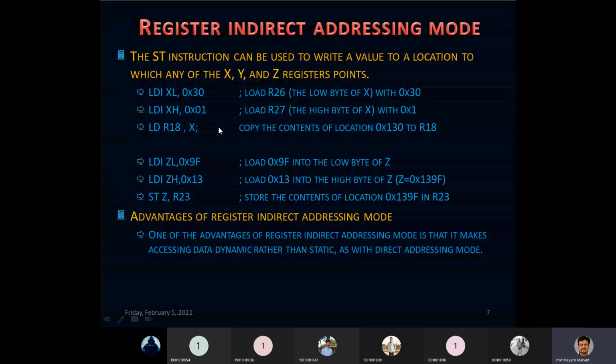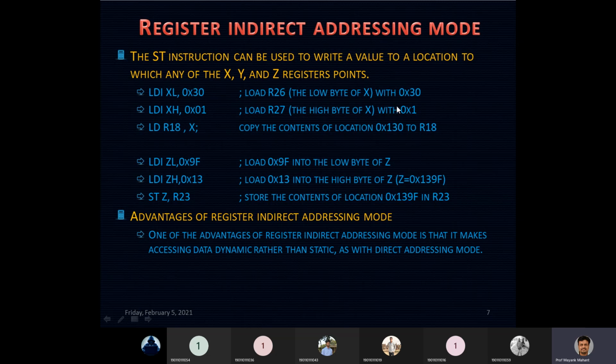This is an example of how we can use this pointer. We can use LDI XL, or you can use LDI R26 also, because R26 is equivalently treated as XL, and XH is equivalently treated as R27. So you can use LDI R26, 0x30, or LDI XL, 0x30 and LDI XH, 0x01.